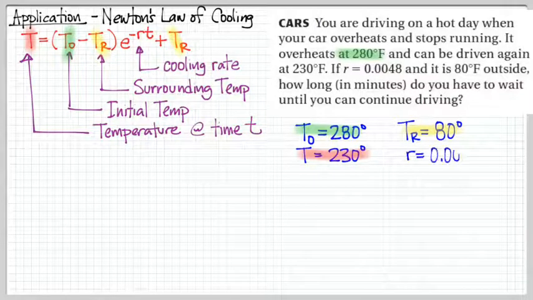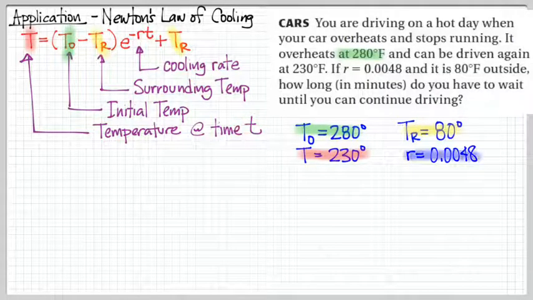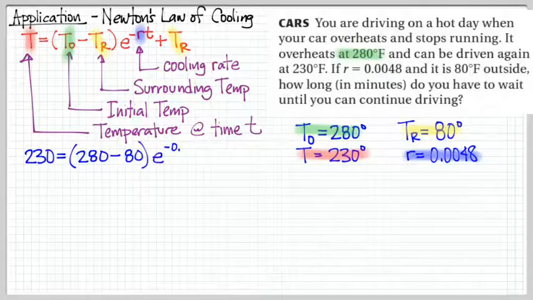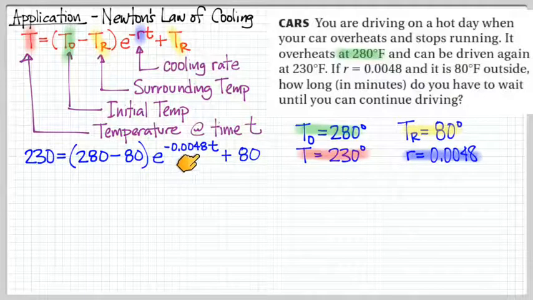And we have the cooling rate, which is 0.0048. And so what we want to find is T. So we plug in all these values into the equation, and we want to then work towards solving for T.